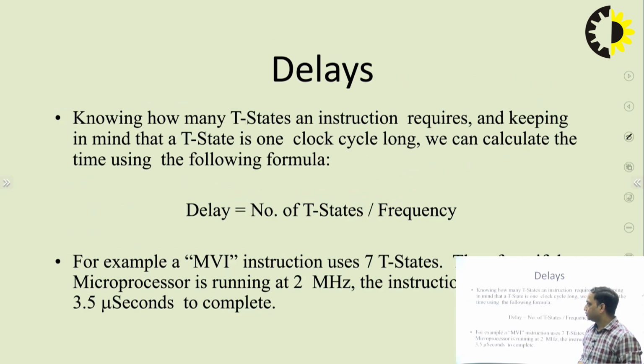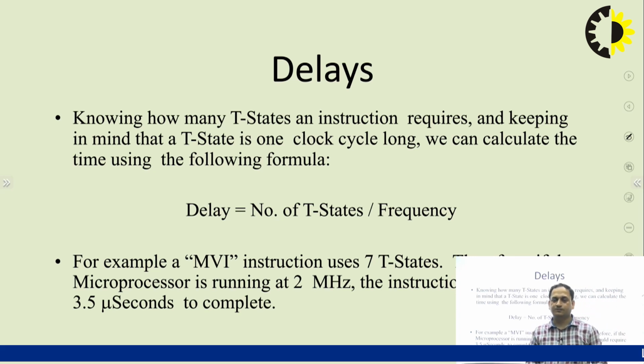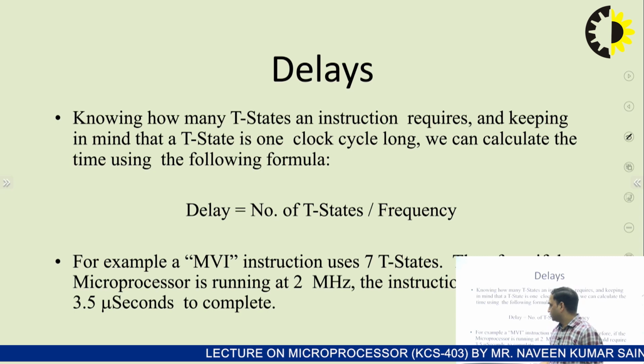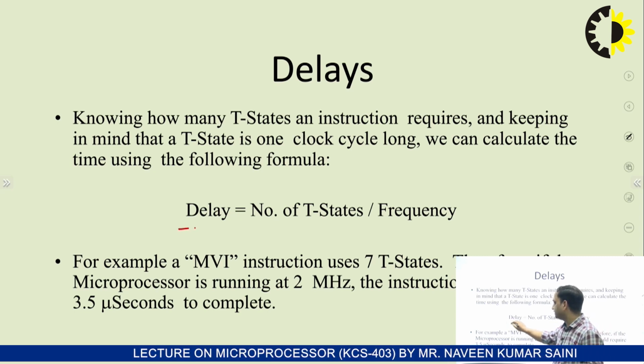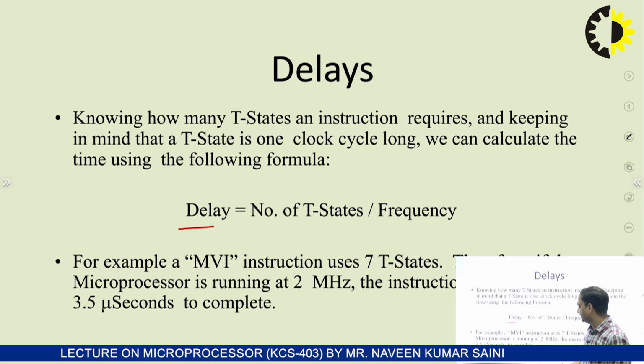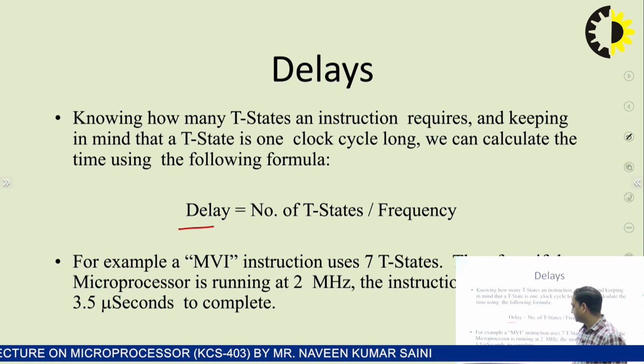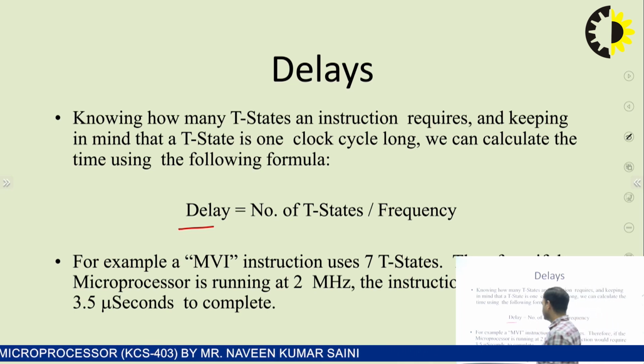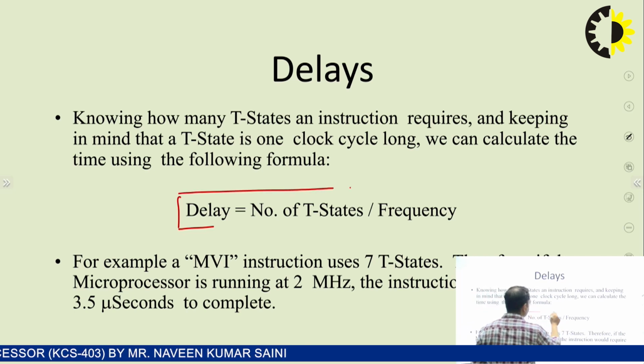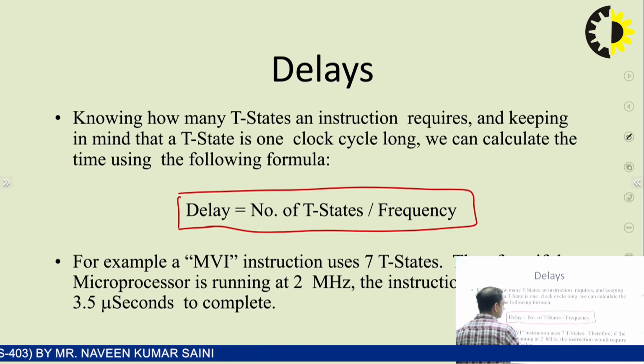To calculate the delay for a given program, in the exam most of the time they ask you to write a program to provide 1 millisecond of delay or 1 microsecond of delay and so on. So how can we calculate the delay for a particular program? For that we have the formula: number of T states divided by the frequency, because every microprocessor works on a particular frequency.